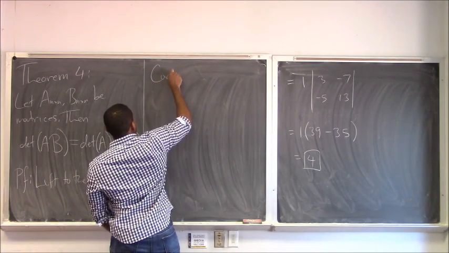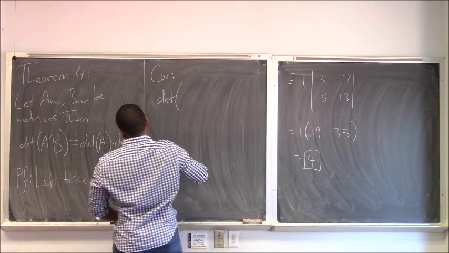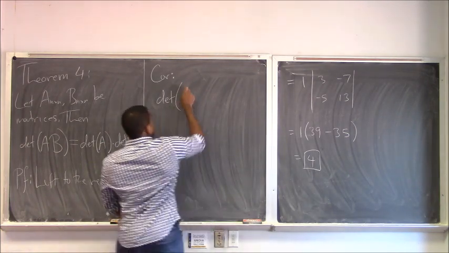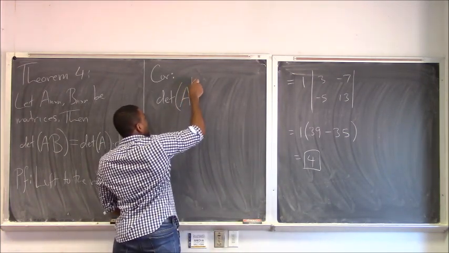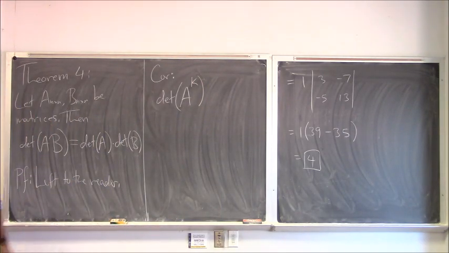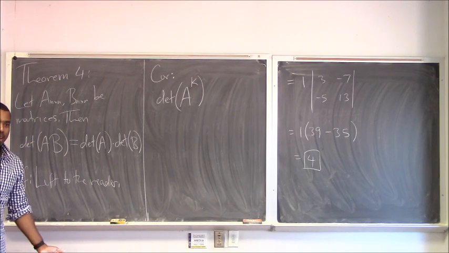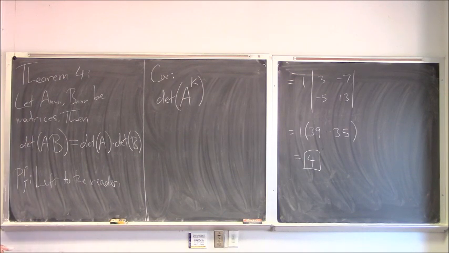Corollary from this theorem is that if you're finding the determinant, and this goes back to that question I mentioned earlier, of a matrix raised to a power, right? So like I gave you a matrix A and I'm like, find the determinant of A raised to the 100th power, right? Don't multiply that matrix out 100 times and then find the determinant.